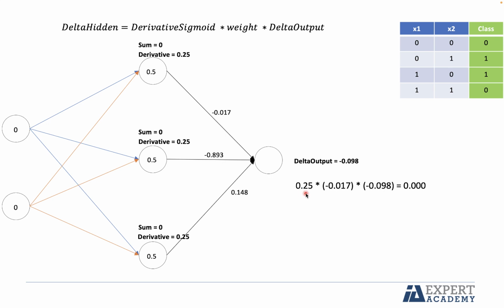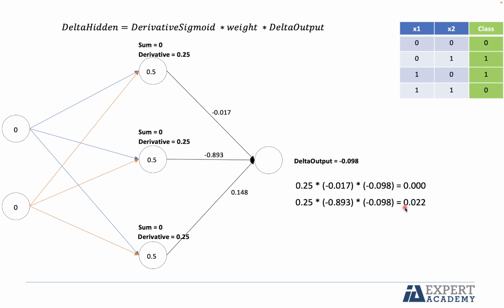We are multiplying it by the corresponding weight by the delta output for the first row of the dataset. The result here is 0, but of course it is not actually 0 because I am considering only 3 decimals. Now we need to calculate for the second neuron the derivative times the corresponding weight times the delta output.